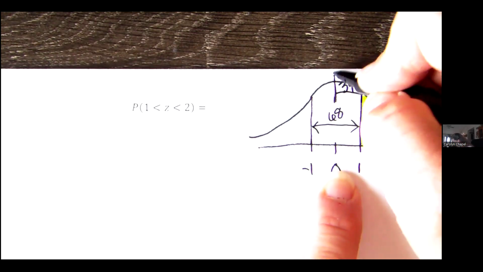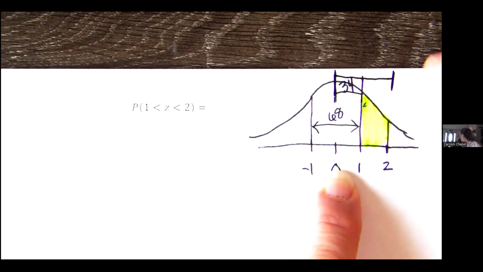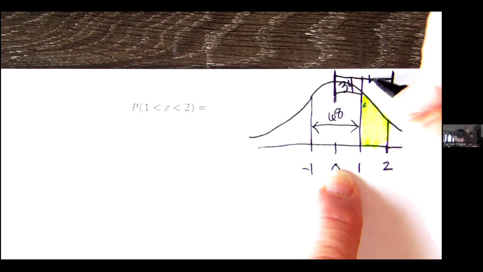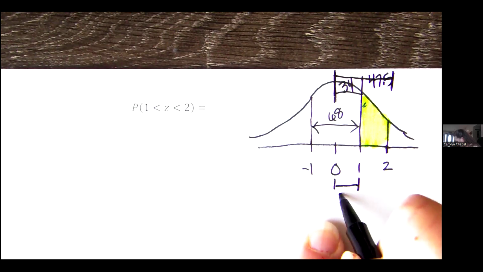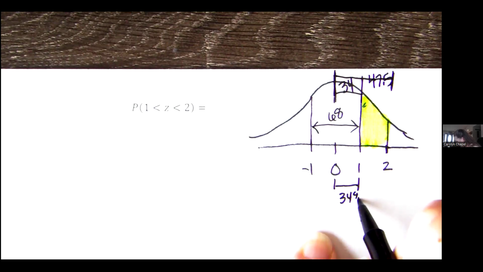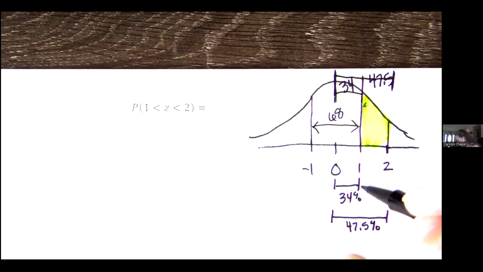So we also did 0 to 2 as being 47.5. So from here to here is 34%, from here to here is 47.5%, and I want to know from here to here. That's my question.